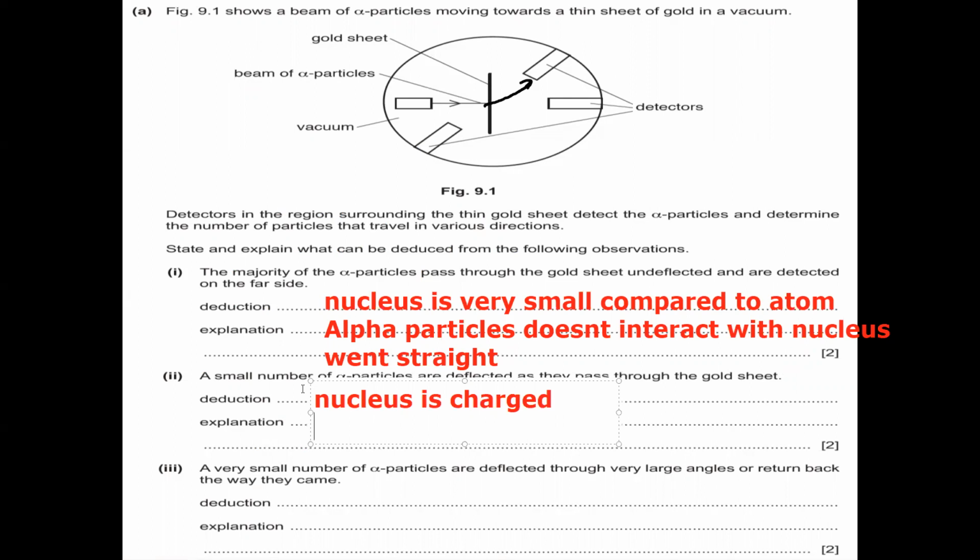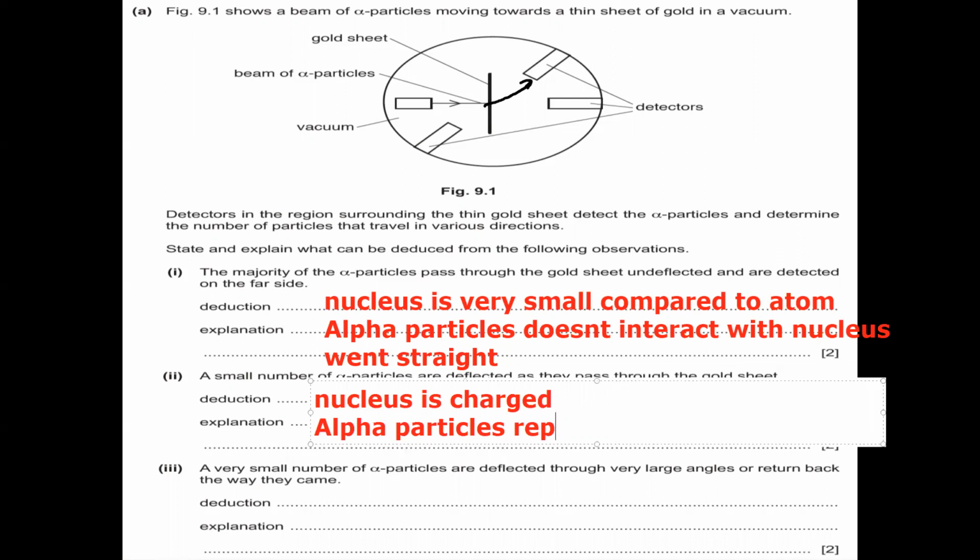And the explanation is that alpha particles experience a force, so these alpha particles are repelled by the nucleus. That's why the alpha particles deviate or change the path.